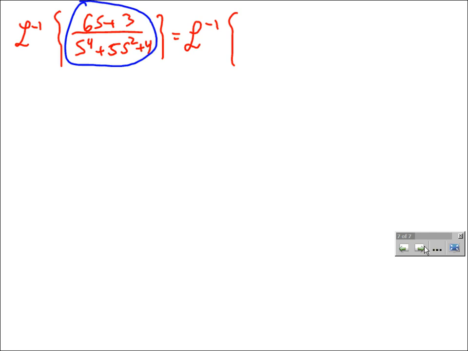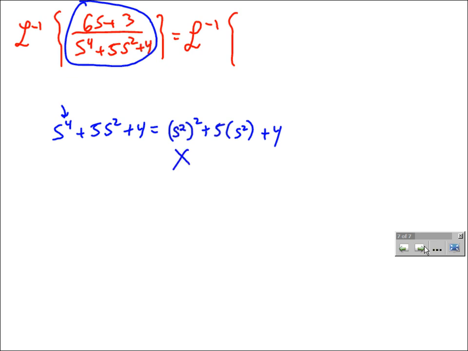That means we want to rewrite it. S to the 4th plus 5s squared plus 4. This is a quadratic in s squared. Think of s squared as some new letter, but it's being squared. Plus 5 times this new letter, plus 4.